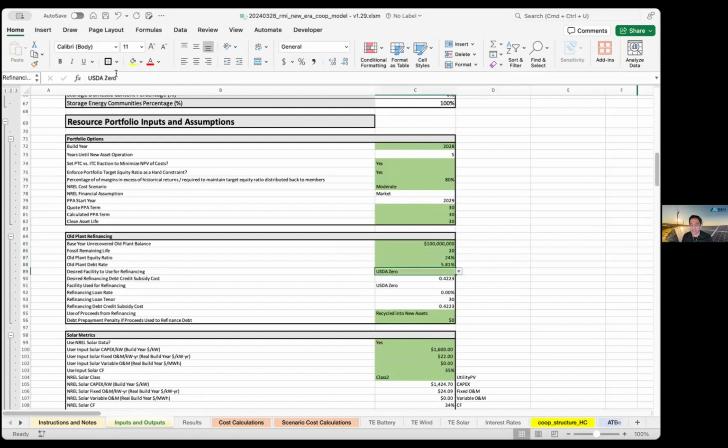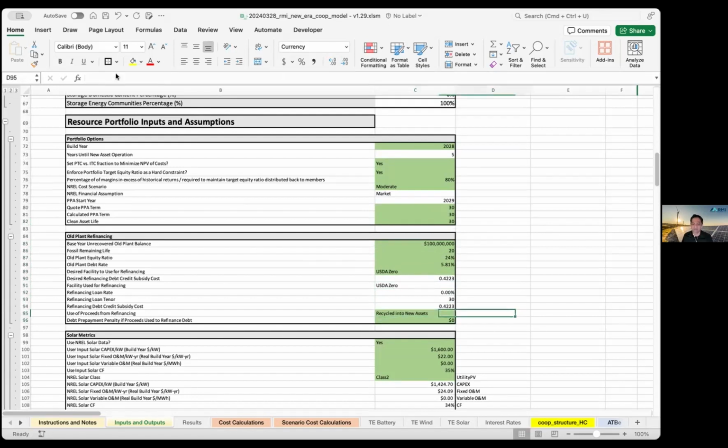I want to see if I can use USDA refinancing to help me deal with that unrecovered plant balance, so I'm not having my customers pay a lot more than they need to, both for the old asset and the new asset. I'm going to use this refinancing of that old plant capital to recycle into my new assets. So I'm not going to pay off my old debt.